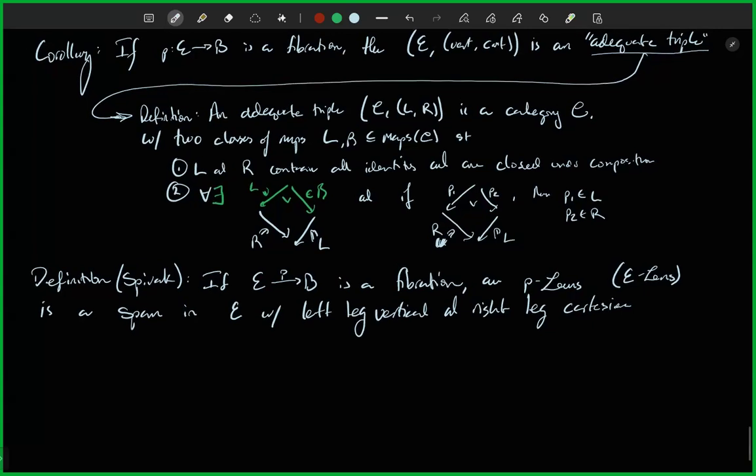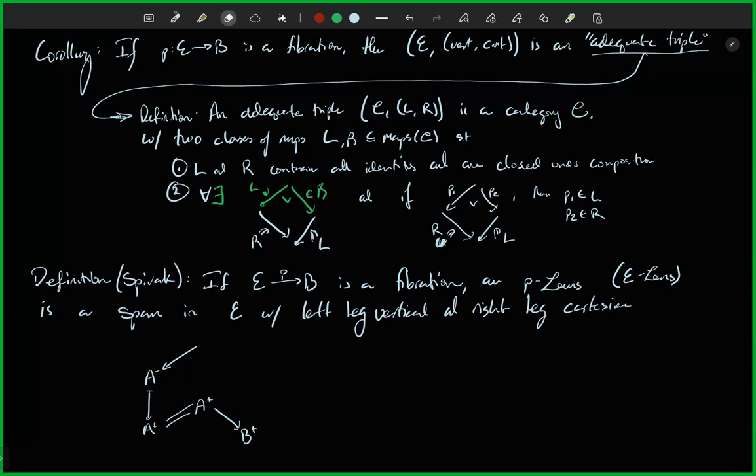So this is something of the form E naught, left leg. This is vertical. So I guess I'm going to write it in my plus and minus form now. A minus, A plus, and here is A plus, B plus.